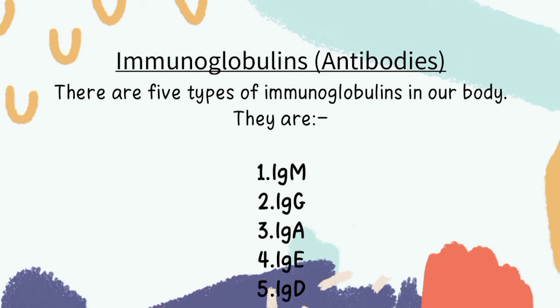So, immunoglobulin, in bracket, antibodies. There are 5 immunoglobulins in the body, and they are IgM, immunoglobulin M; IgG, immunoglobulin G; IgA, immunoglobulin A; IgE, immunoglobulin E; and IgD, immunoglobulin D. So note them, and try a way you can remember them.